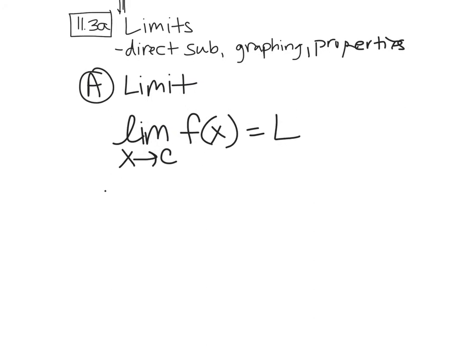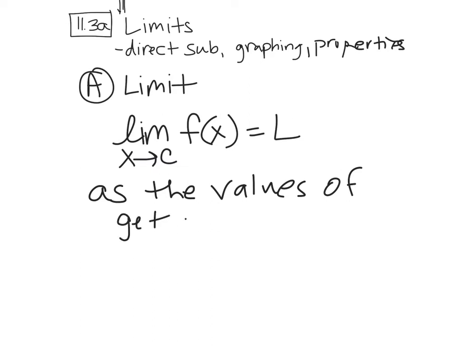It says here that as the values of x, so you have an f of x function, a graph. And as your values of x are getting closer and closer to a constant c. So as the values of x get closer to c, so it could be getting closer to 2 or negative 10 or 3 or whatever, pi, who knows.